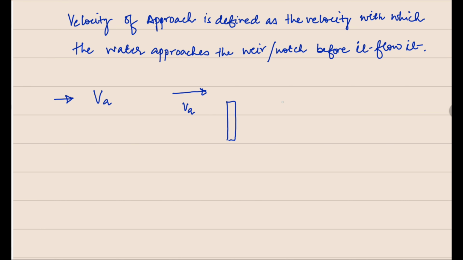Velocity head we have discussed in the case of Bernoulli's theorem. It will be equal to Va square by 2g, that is, the velocity head created by the speed of the water.